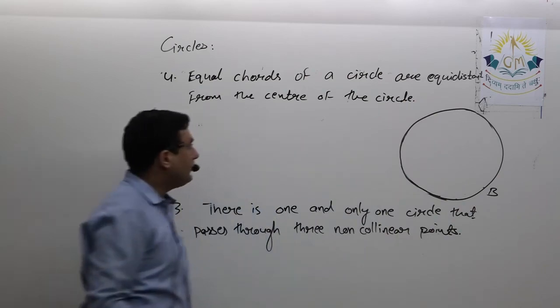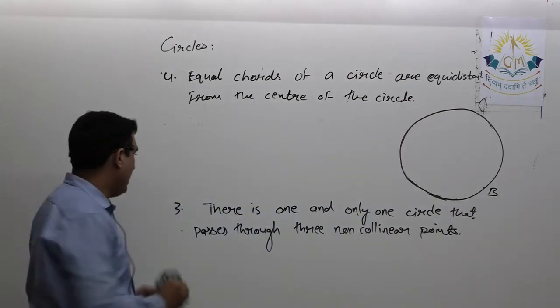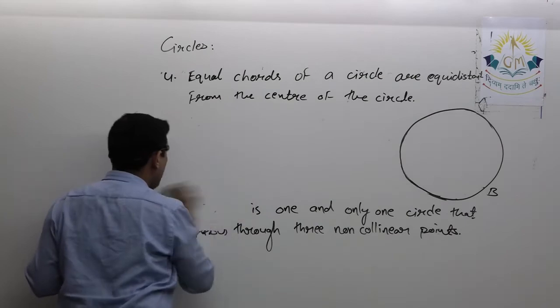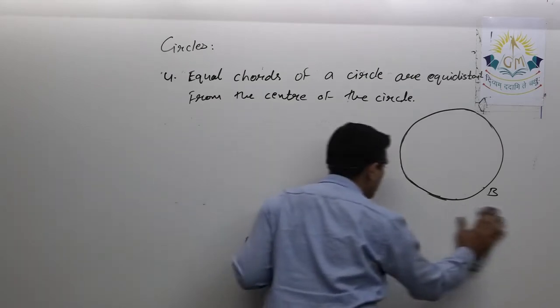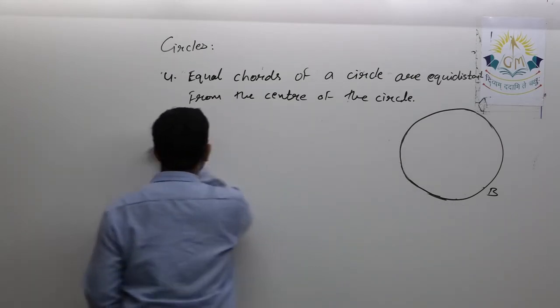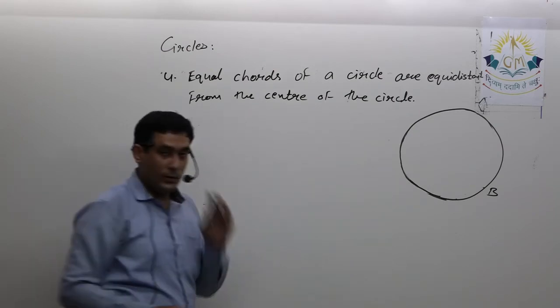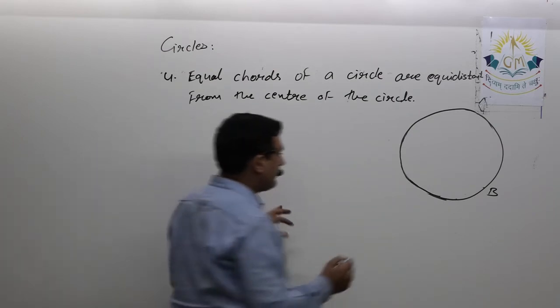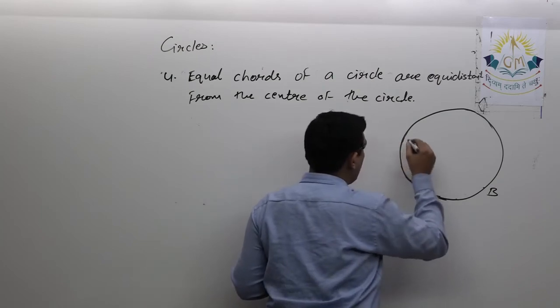Okay, that means if there are two chords which are equal in length, then they will be at equal distance from the center.